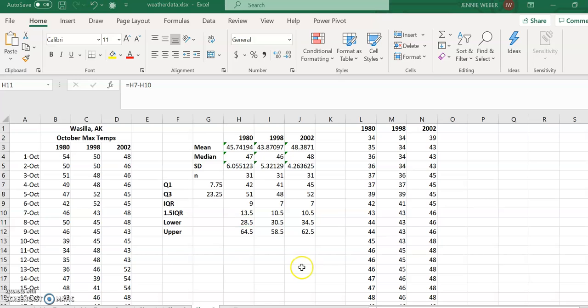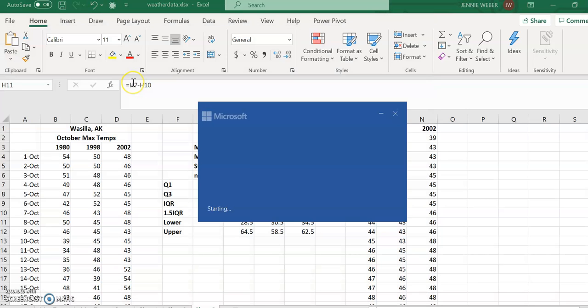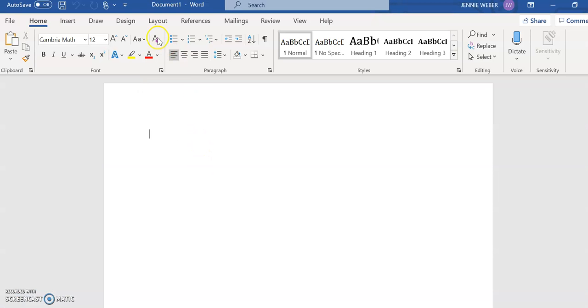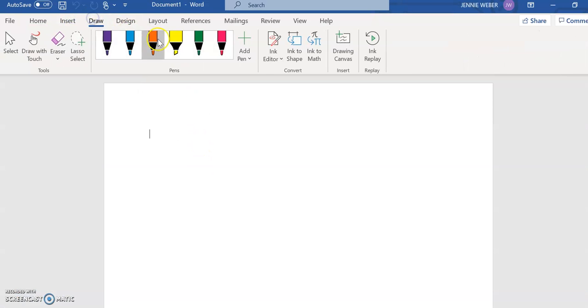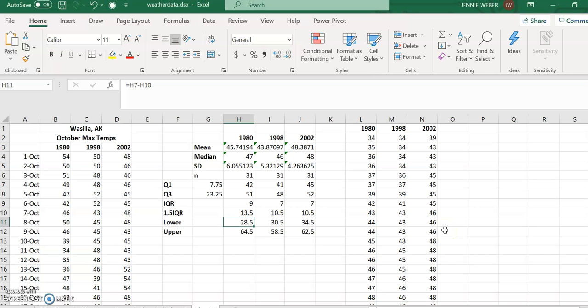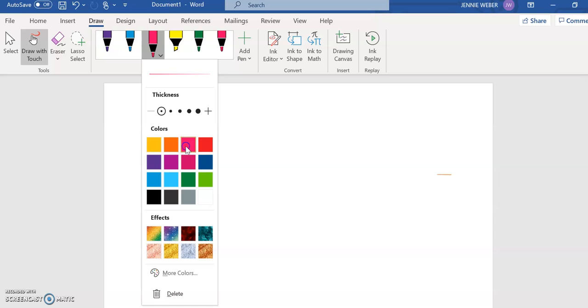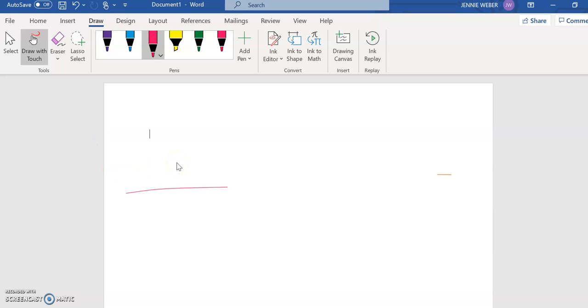Now, if I wanted to draw this by hand, then all I'm really doing here is, here's my number line. And you do want to put the median on here. So my median, which I have up here, okay, my median was 47.